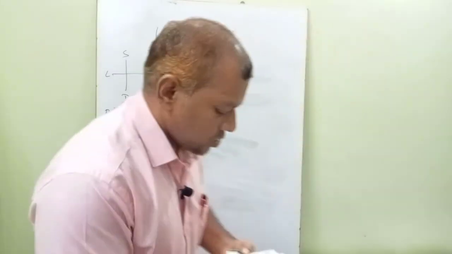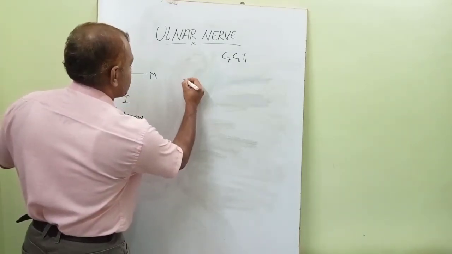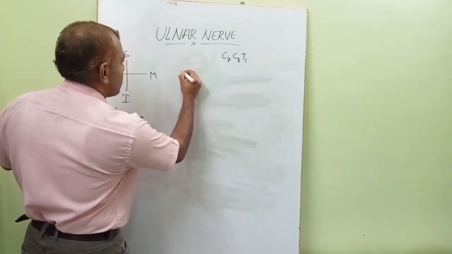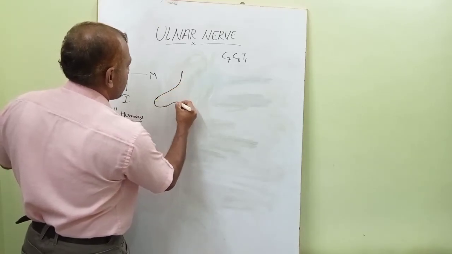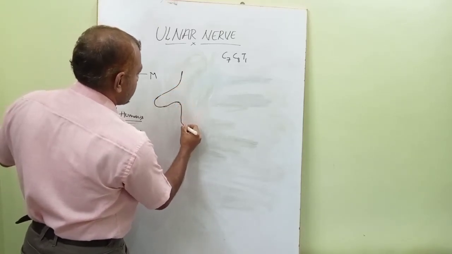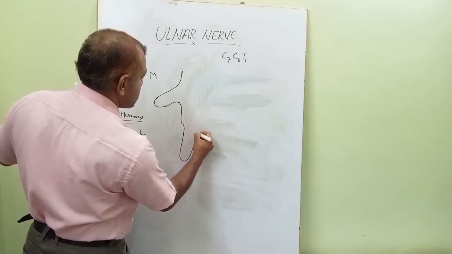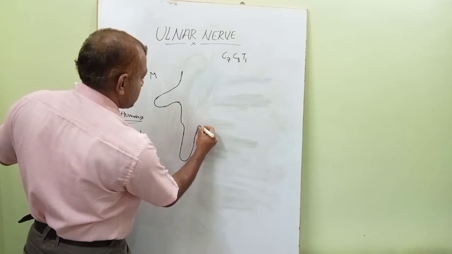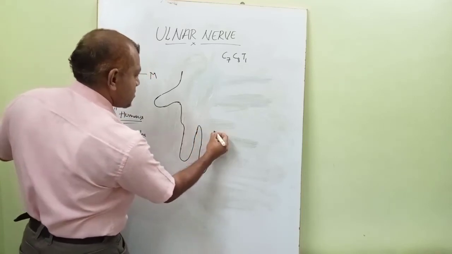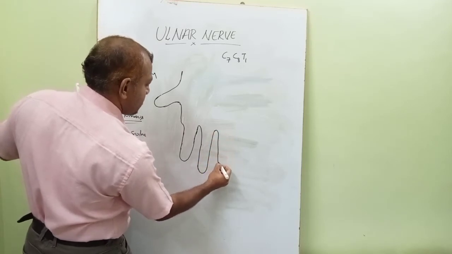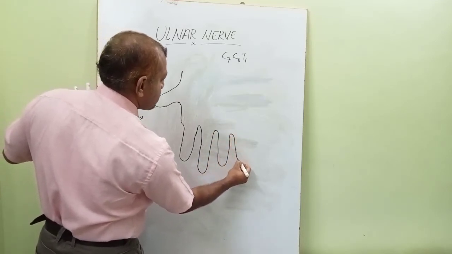Now let me show you how the ulnar nerve is going to enter into our hand. So this is your hand, this is your thumb, this is your index finger, this is your middle finger, this is your ring finger, and this is your little finger.